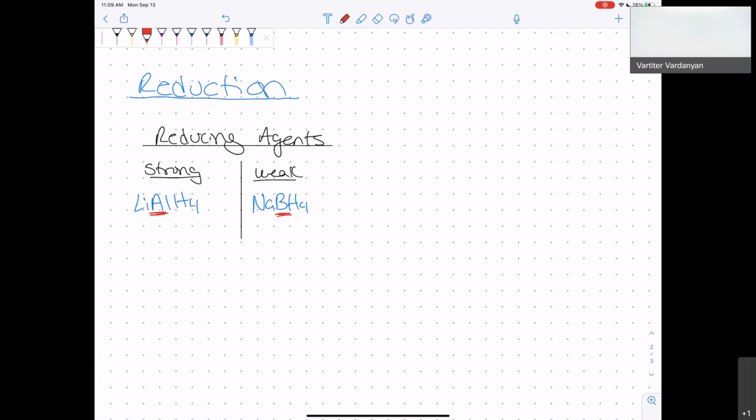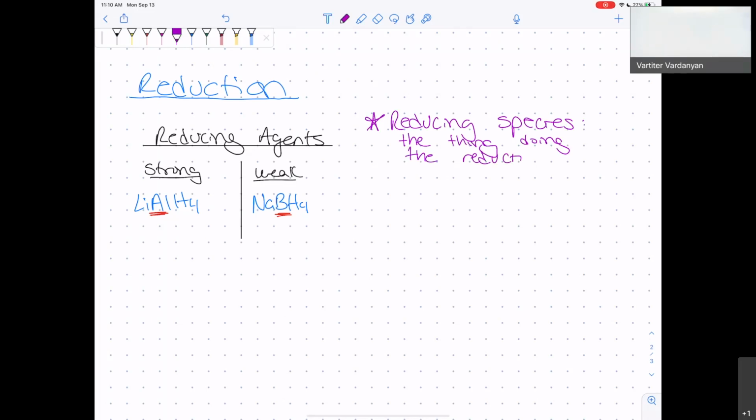Okay, so this is really, really important. The reducing agents are LiAlH4 and NaBH4. But the reducing species, which is the actual thing doing the reduction, is what?